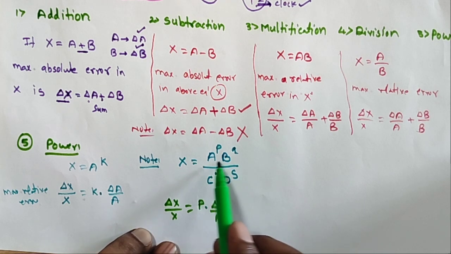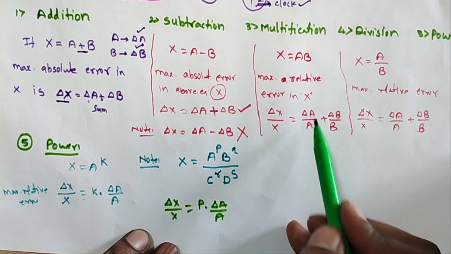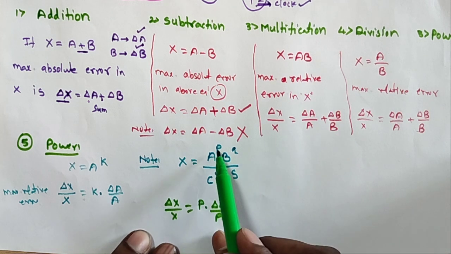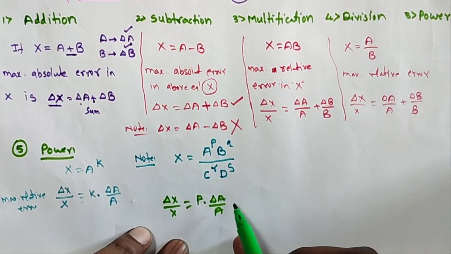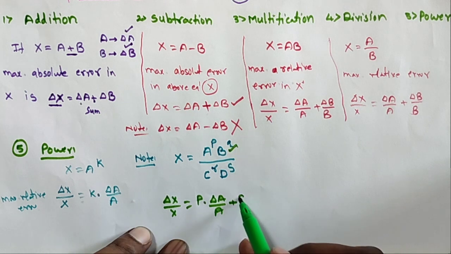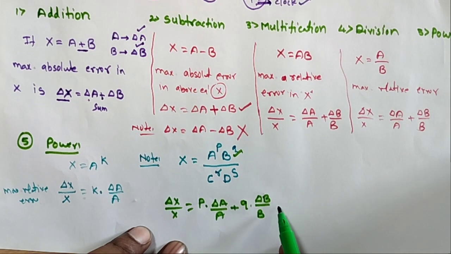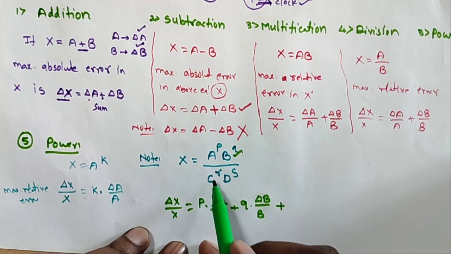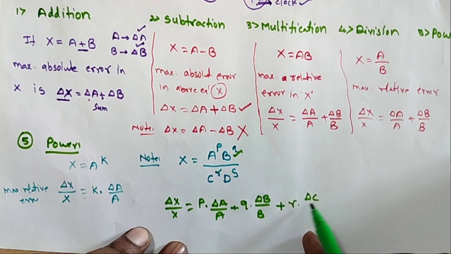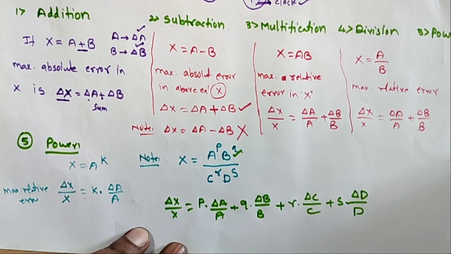For the multiplication method, A into B means delta A by A plus delta B by B. But for the power method, A power p, it is p into delta A by A plus Q into delta B by B. And if you are taking minus or plus, always take plus, because A by B also gives positive values. So here R into delta C by C plus S into delta D by D. So this is the method.